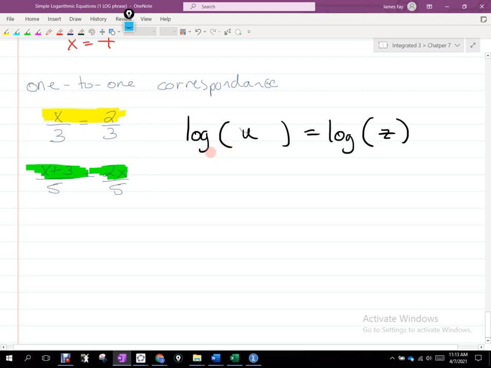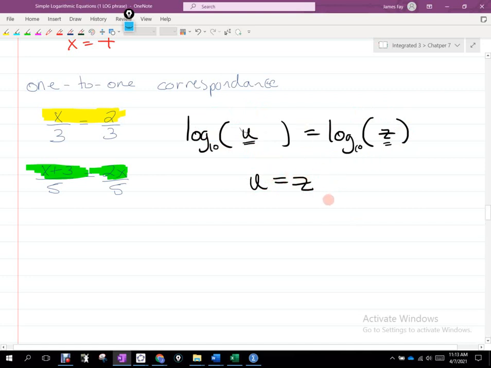But because this log has the same base as that log, and in this case it's 10, but it can be anything, it doesn't matter what the bases are as long as they're the same, does that make sense? Then we can make a 1-to-1 correspondence. The only way that the log of u is equal to the log of z is if u and z are the same.